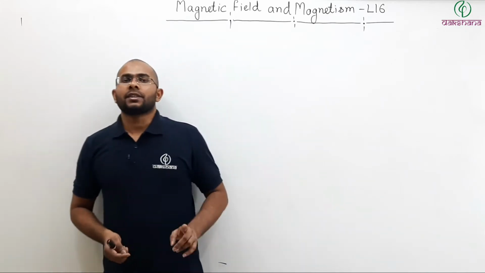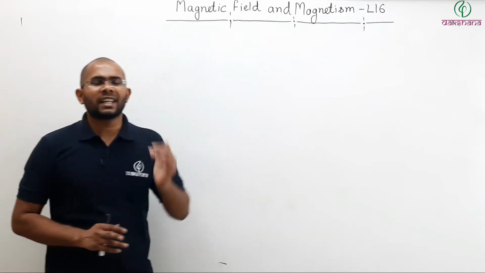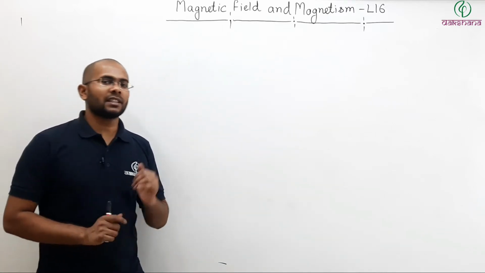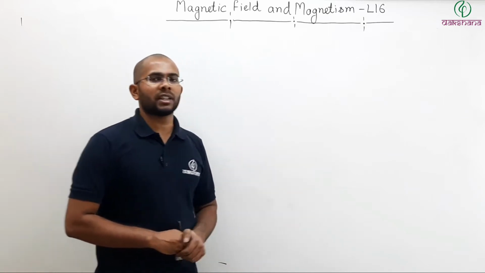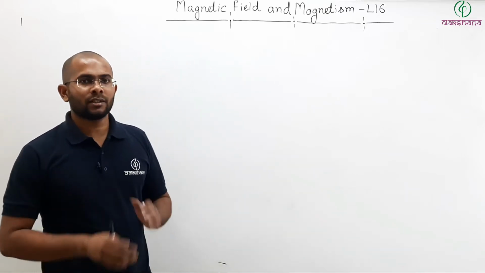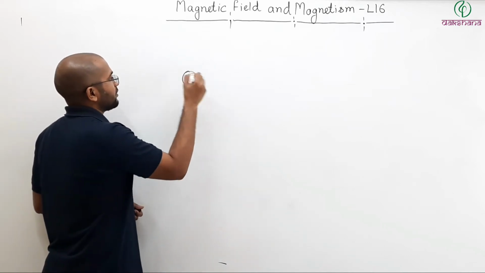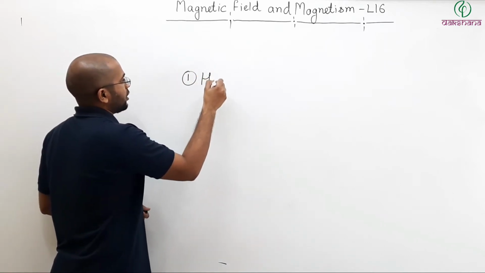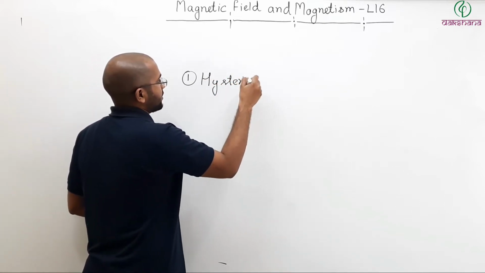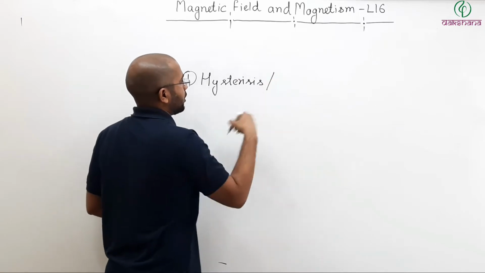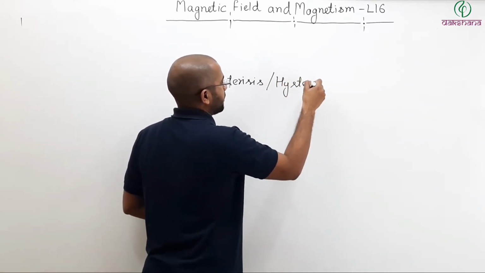But in the case of ferromagnetic material, that is not exactly how it happens. There is a very interesting property that we are going to study in today's lecture, called hysteresis, or we will talk about the hysteresis loop.